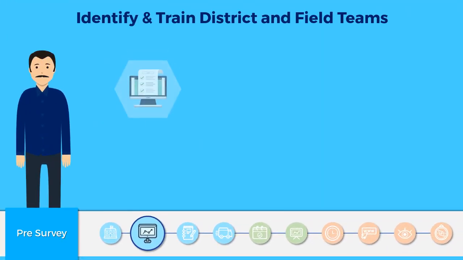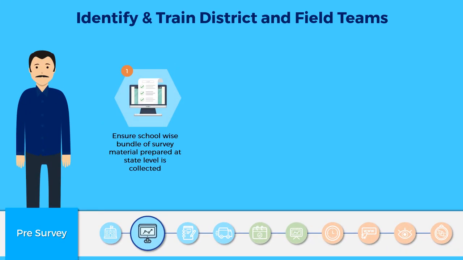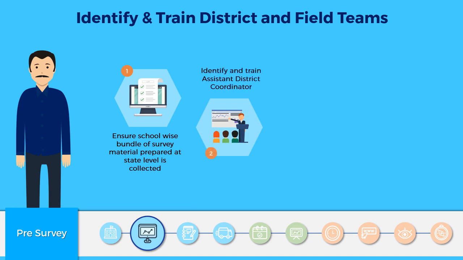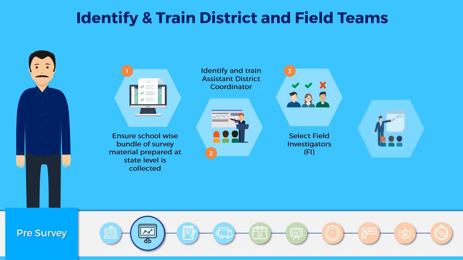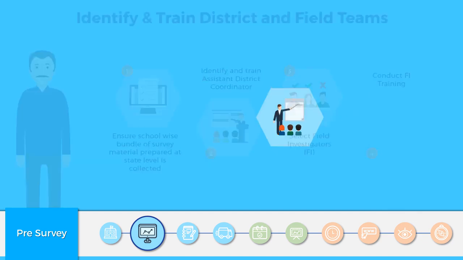After the sampled schools are finalized, the District Coordinator needs to collect the sealed school-wise bundles of the survey material prepared at the state. The District Coordinator needs to identify and train Assistant District Coordinators. The District Coordinator also needs to select field investigators from a pool, by criteria given in the guideline, and train them on conducting the survey for 1 day at least a week before the date of survey.